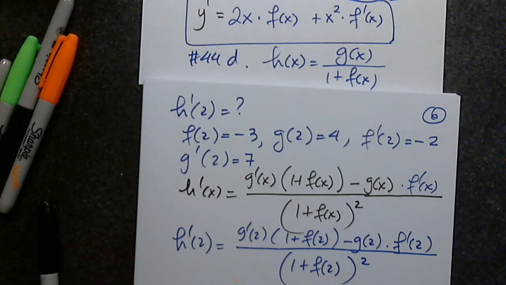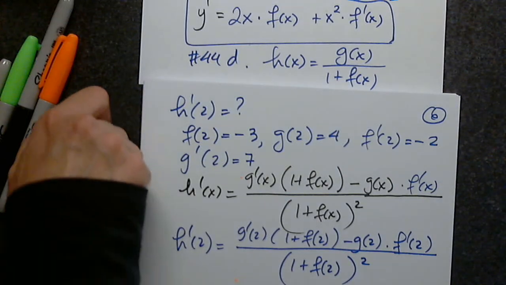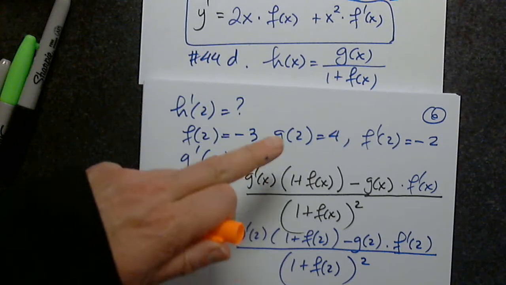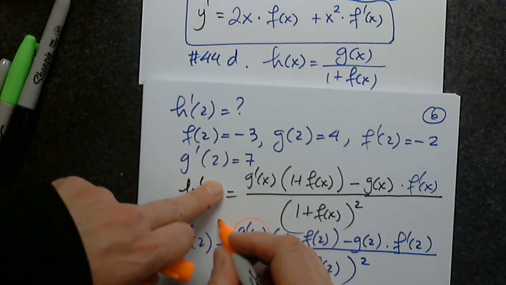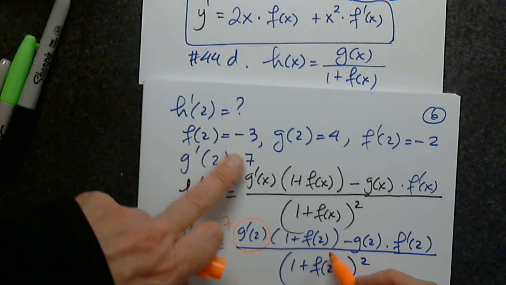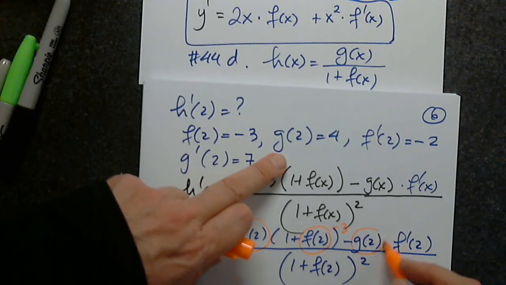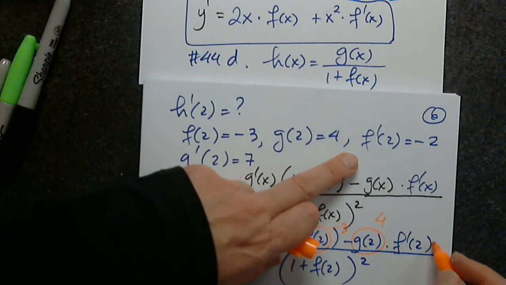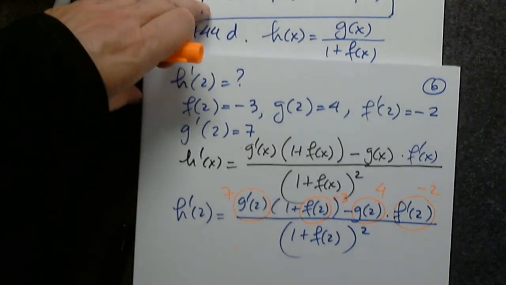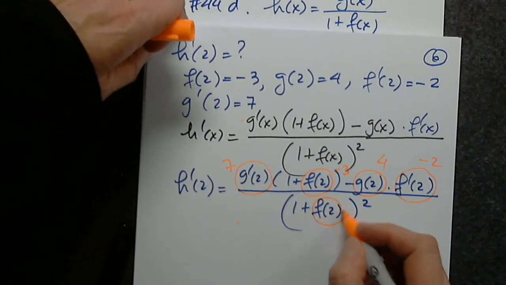G prime of 2 is 7. F of 2 is -3. G of 2 is 4. F prime of 2 is -2. And f of 2 is -3.